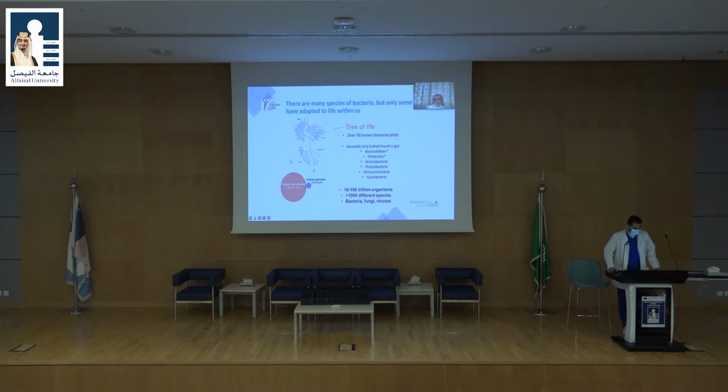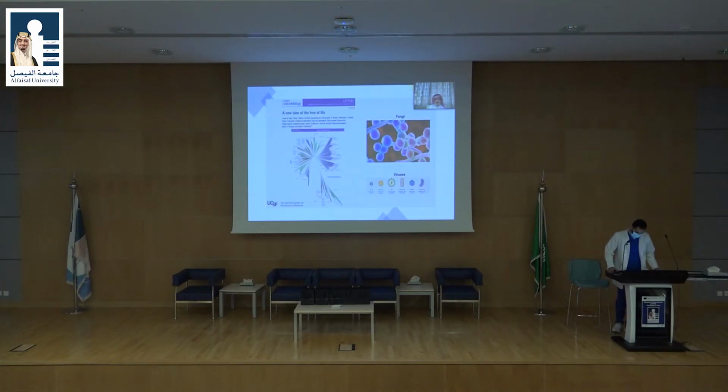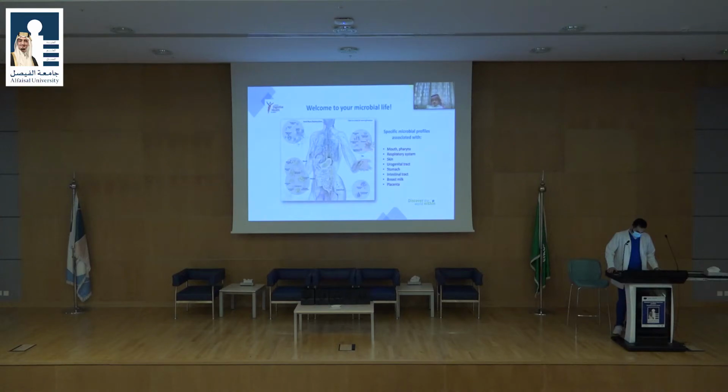Otherwise, they are much, much bigger than us from a genetic components point of view. Again, it's bacteria, fungi, viruses, and other components, but most of the studies have been focusing on the bacteria, and there are more and more studies looking into the viruses and the fungi.